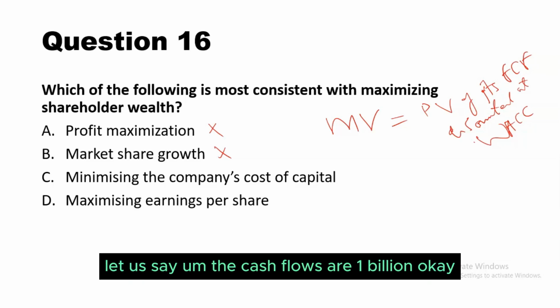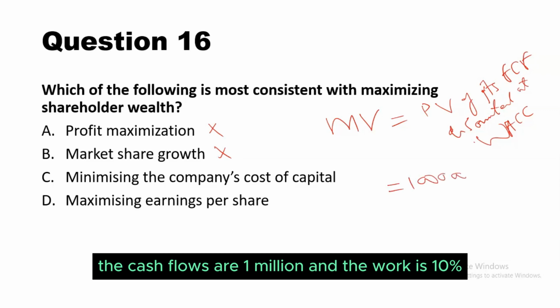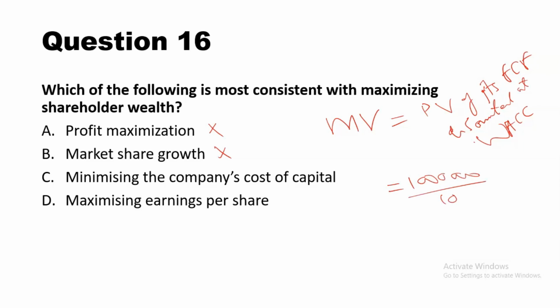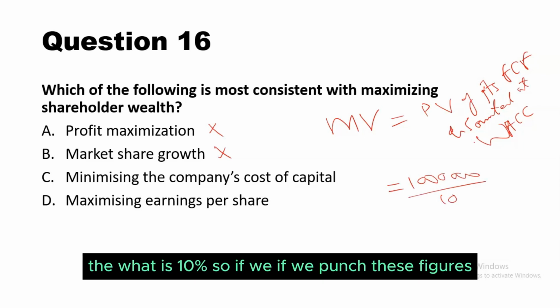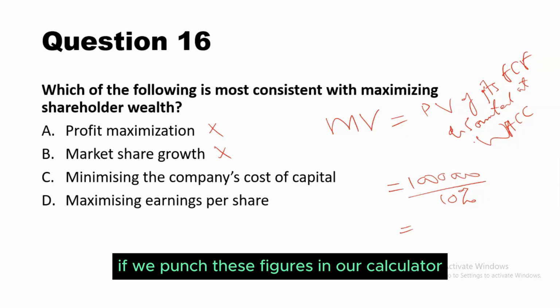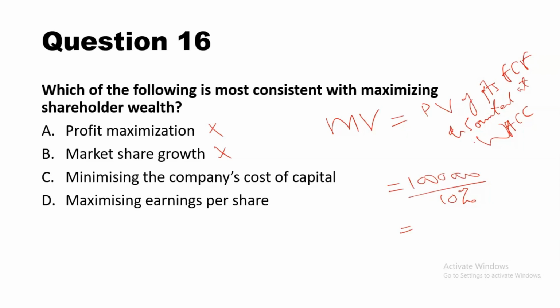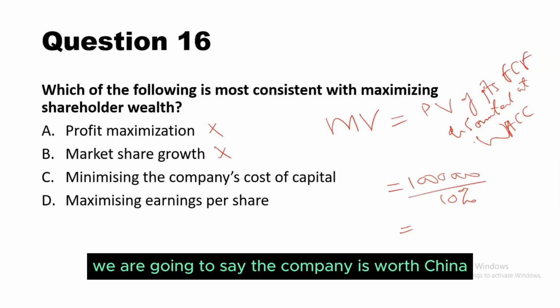Let us say the cash flows are 1 million, and the WACC is 10%. If we punch these figures in our calculator, 1 million divided by 10%, we are going to say the company is worth 10 million.